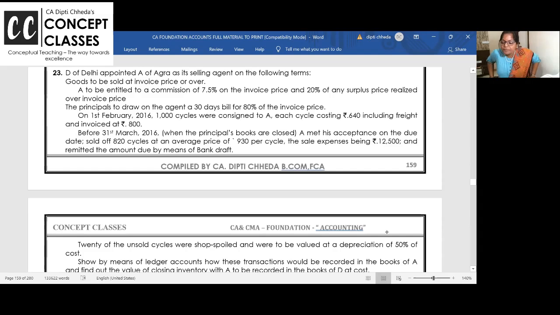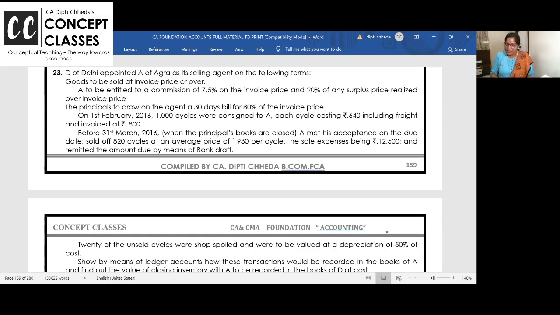D of Delhi appointed. I've left problems in between because they have a trading account.